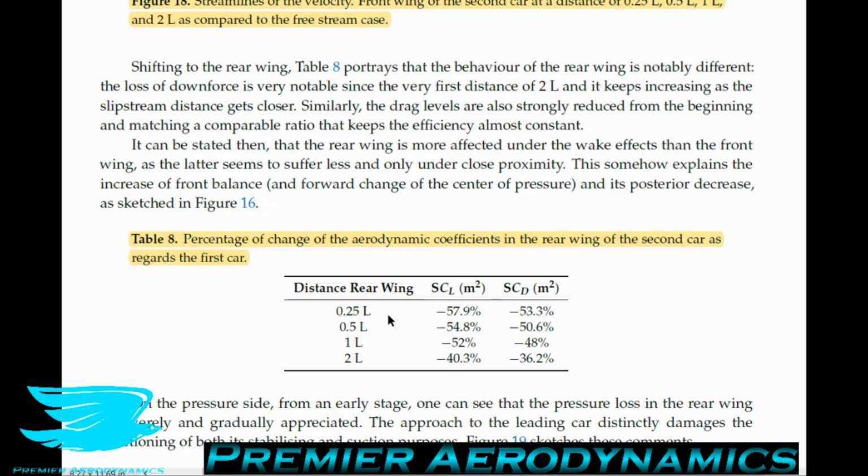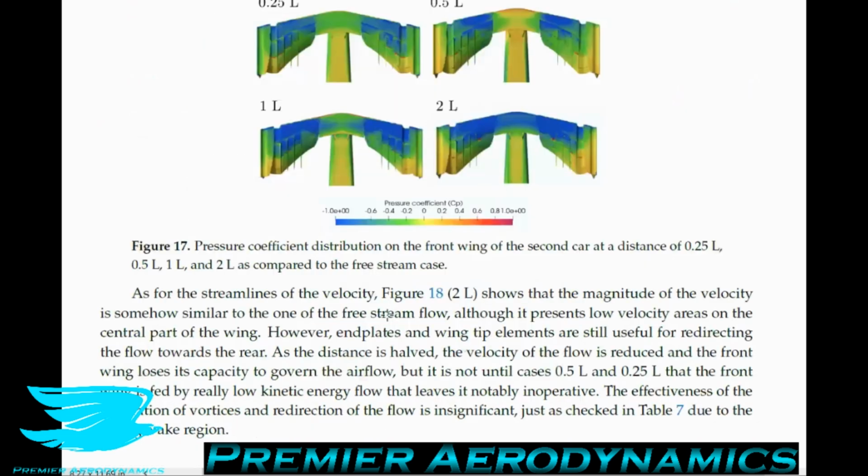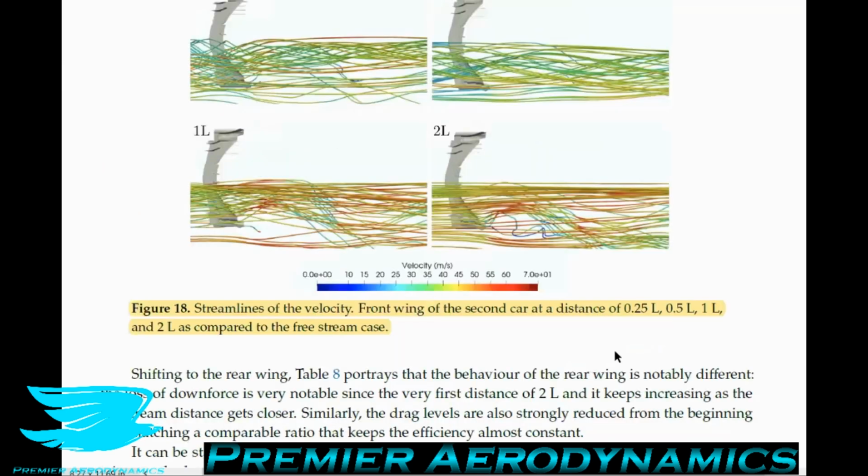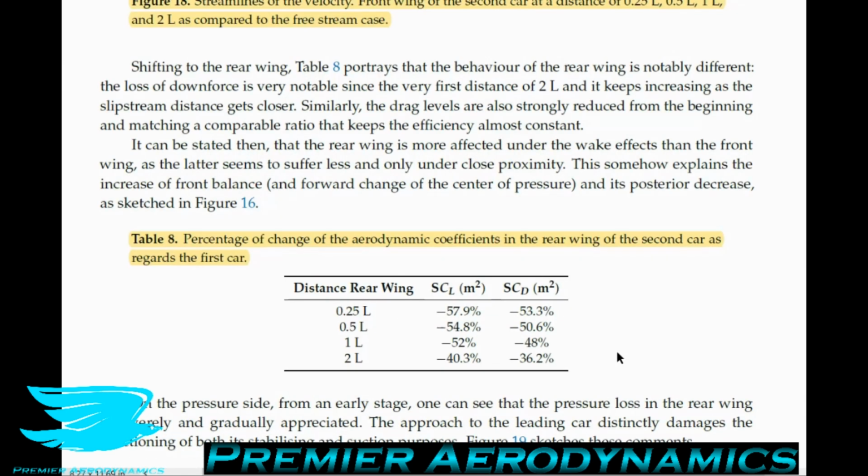At 2 lengths downstream, the front wing was only exhibiting a 3.6% reduction in the lift area and a plus 3% increase in the drag area. So both of those for the simulation would be within about the error, whereas for the rear wing at 2 lengths downstream, the lift area dropped by 40% and the drag area dropped by 36%, so a huge amount more. So it shows that the rear wing is affected far more by wakes than the front wings.